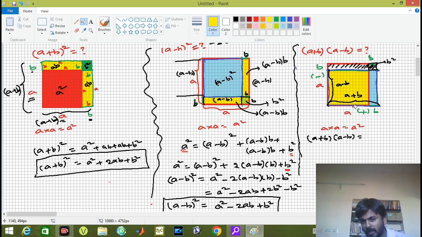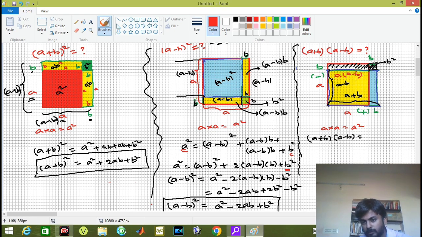This is a rectangle because the length is A and the breadth is A minus B. This yellow color will give you the length as A and the breadth as A minus B.